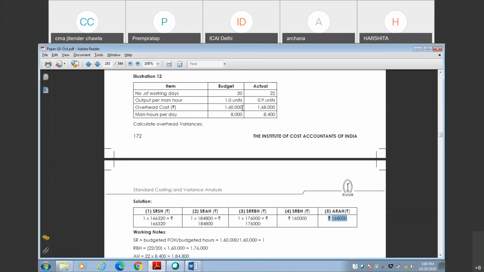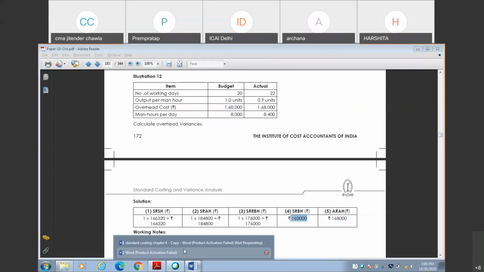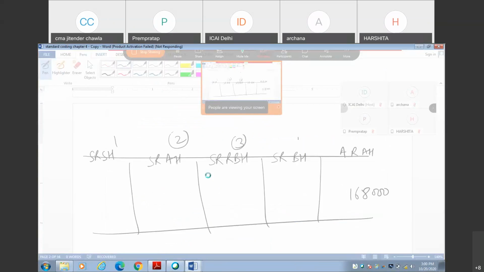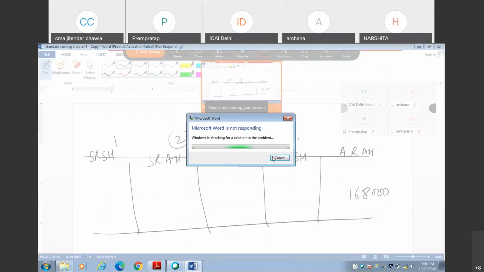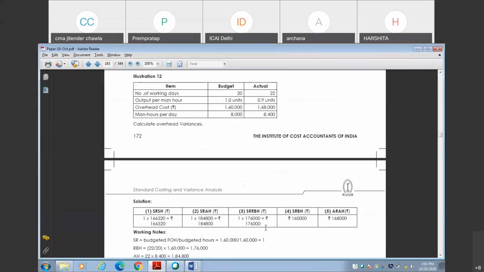Then this 160 as it is, this one is clear too? Okay. Then next चलते हैं हम.